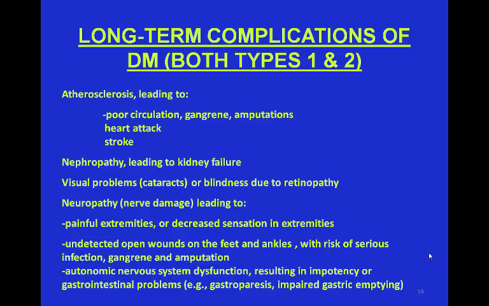This can lead to many, many different problems. If the arteries affected are in the heart muscle, heart attack can occur. If it's in the brain, a stroke can take place. If it's in the extremities, like the legs, that will result in poor circulation to the legs. It can cause gangrene, where the tissue begins to die and can result in amputations.